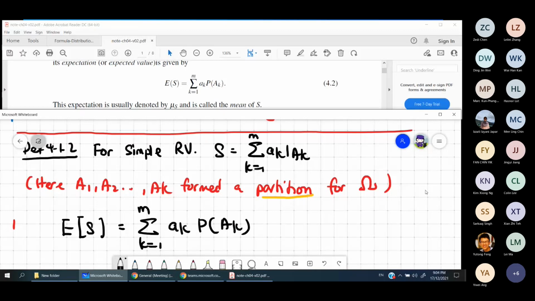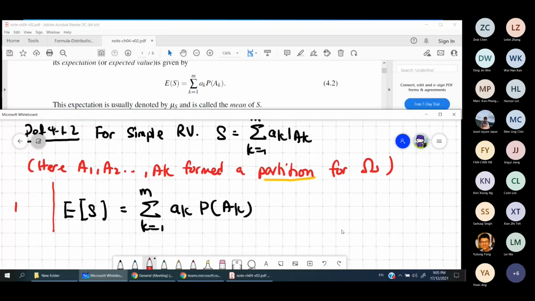We just simply define it like this. Clear? So for a simple random variable, very simple. That's why it depends on the probability measure. If we know the probability measure, we can easily compute the expectation value for S.